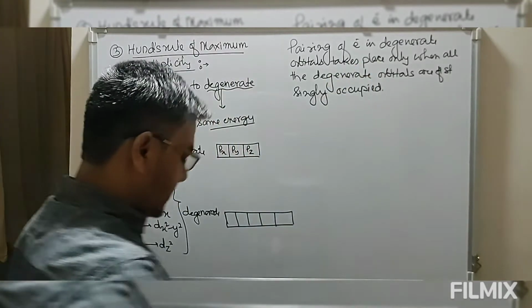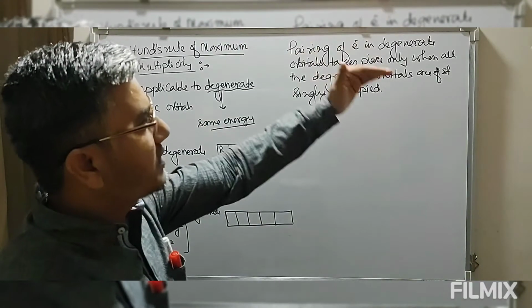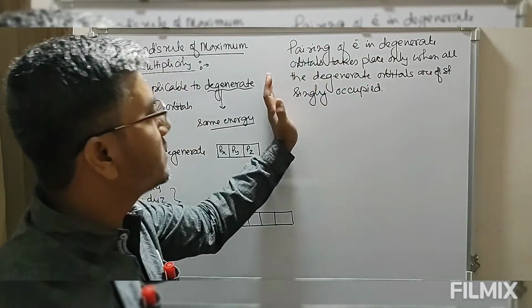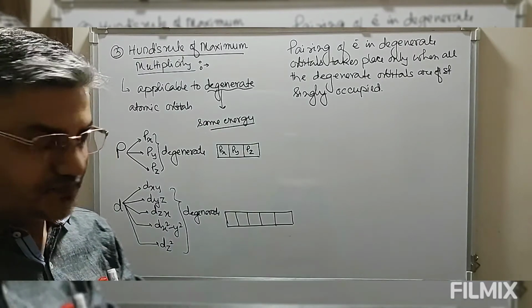Let me explain this. Pairing of electrons in degenerate orbitals will take place only when all the degenerate orbitals are first singly occupied.